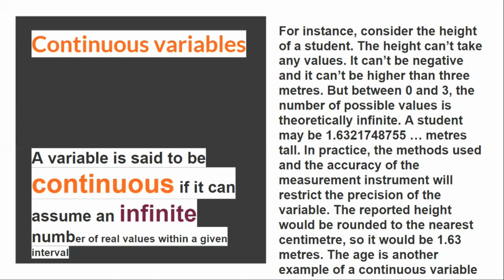So we can say that height is a variable set between 0 and 3, and the number of possible values is theoretically infinite.